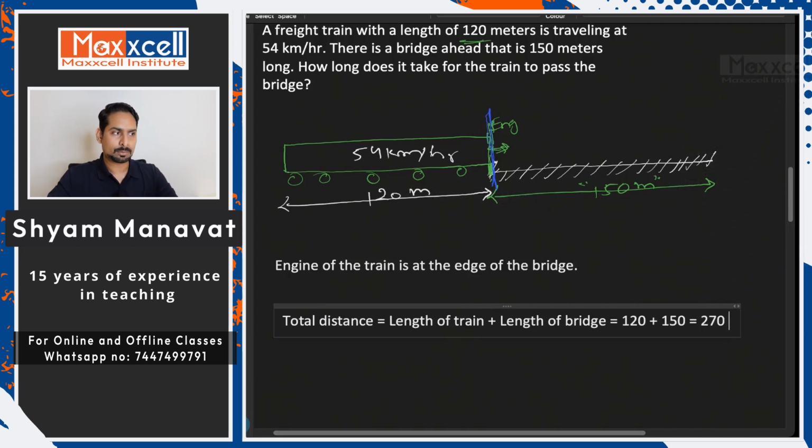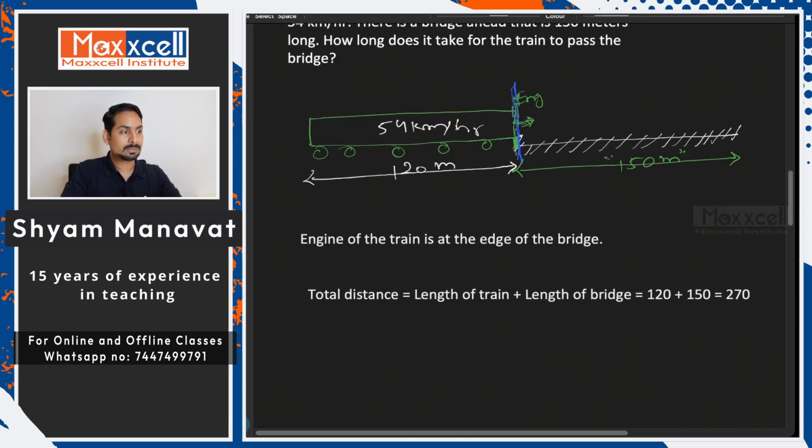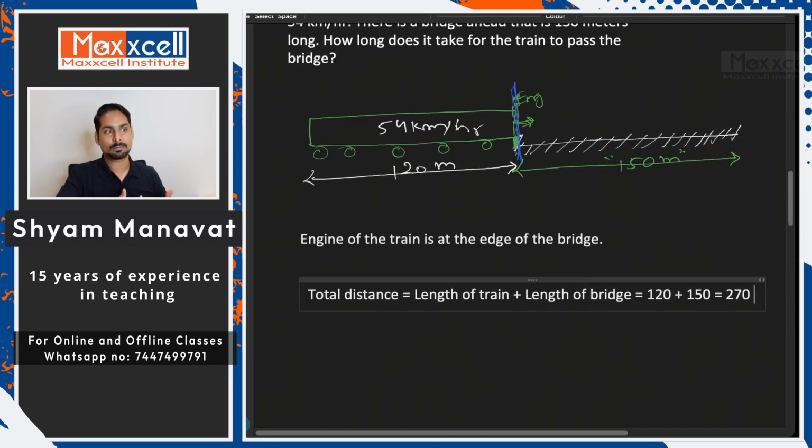Yeah, so go as per the question said, train and bridge, so only consider train and bridge, that's it. Okay, so this is what happened when the train is trying to pass a bridge, a platform, that means another long object, some distance. The train is trying to cross some distance, so you consider that distance plus the length of train.